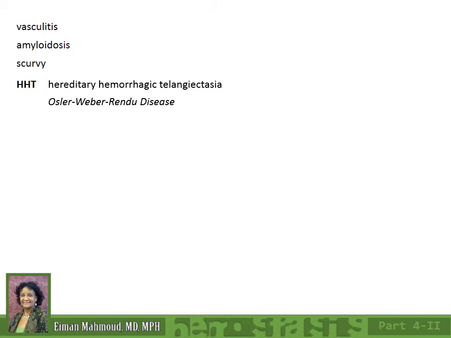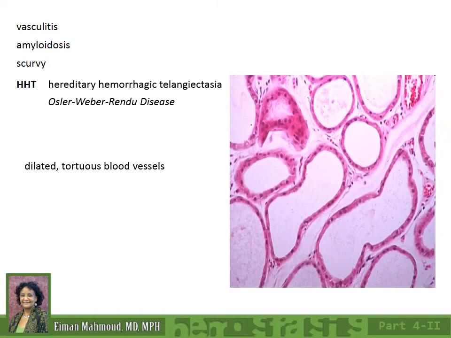Ectasia is a Latin word for dilatation. So you will encounter it again in bronchiectasis, for example, abnormal dilatation of the bronchus. In this case, we simply have abnormally dilated, tortuous blood vessels, which tend to be very easily ruptured.